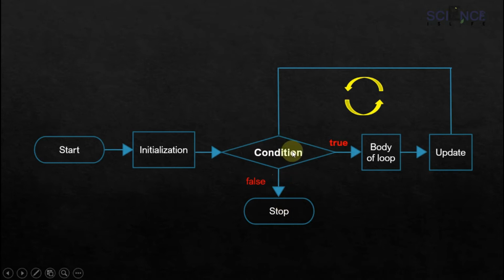If it is true, it will again jump into the body of the loop and execute the code, then it will again update the variable. After updating the variable, again it will check the condition. Likewise, this loop will continue until this condition becomes false. That is how the for loop works.